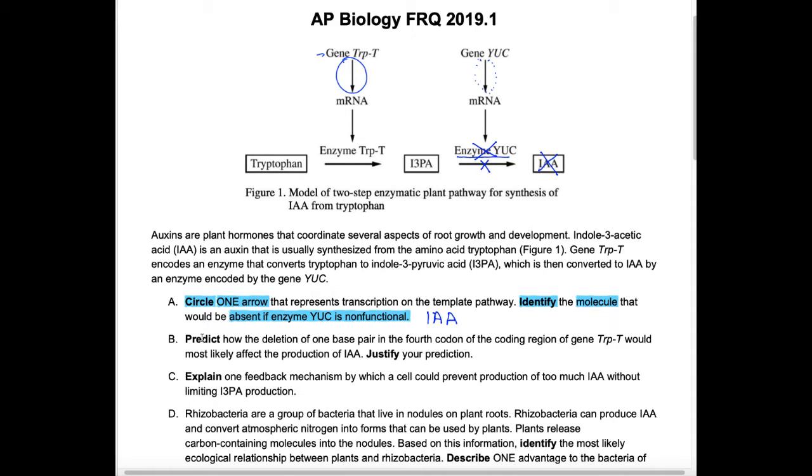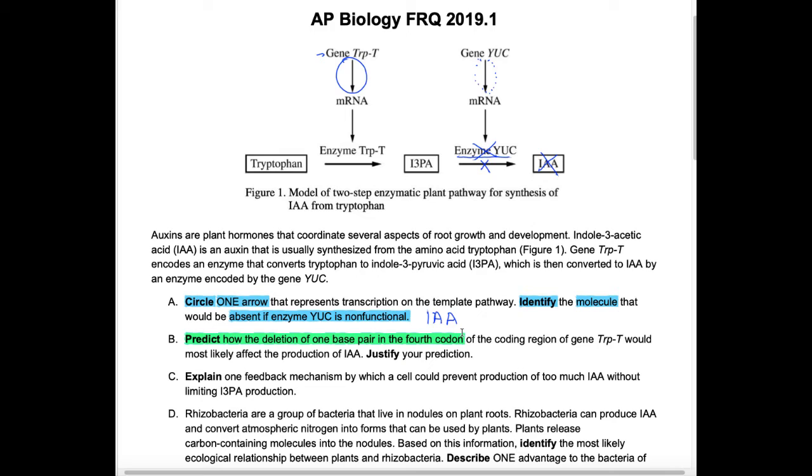The next piece that we really want to focus on is this prediction. So we're focusing on the prediction of a deletion of one base pair in the fourth codon. And here's the pieces that I'm really focusing in on. It's the deletion of a single base pair in a codon very early on in an amino acid sequence.